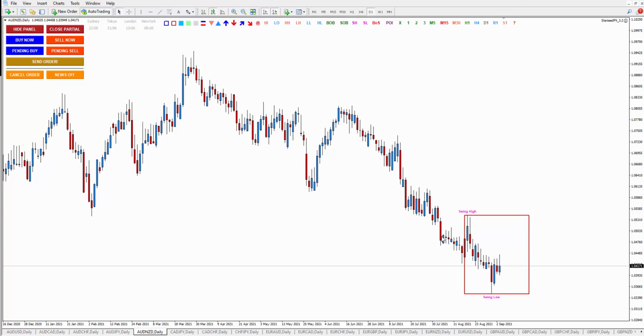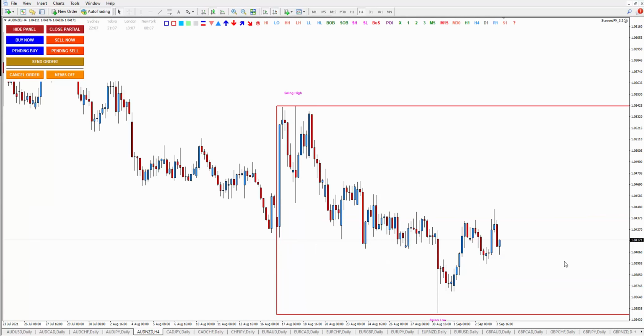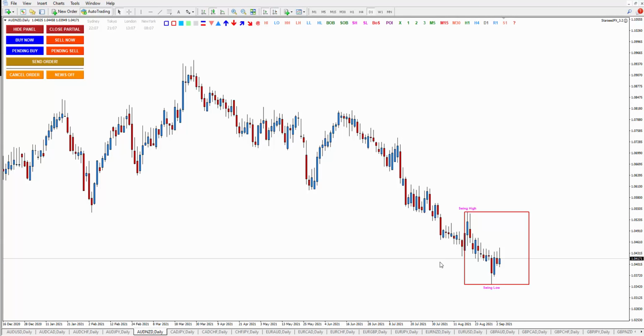But you know, sometimes when we look at the daily time frame and it is not clear, it doesn't mean that it is not clear on H4. So you can go to H4. You may find something around H4. What I'm trying to say is that sometimes on daily it's not clear. So if you're a day trader, maybe you can go to H4. If you're a scalper, you can check it on H1.